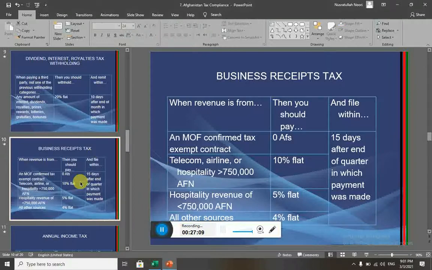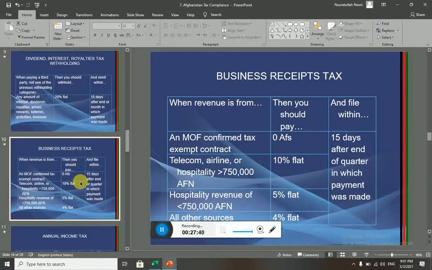Okay, that's all about the business receipt tax. Remember that business receipt tax is calculated and paid to the Ministry of Finance, or to the tax office, on a quarterly basis. It's basically the reporting of your gross income and tax. So on a monthly basis we report our expenses to the Ministry of Finance, and on a quarterly basis we report our revenue.